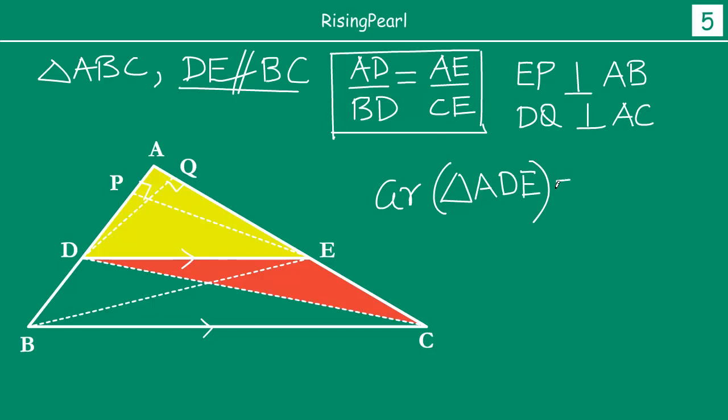Instead of expressing the area of the triangle with the side AD, we want to express the area of the same triangle with the side AE. So it will be half times base AE, times, if the base is AE, then the perpendicular distance or altitude is DQ.